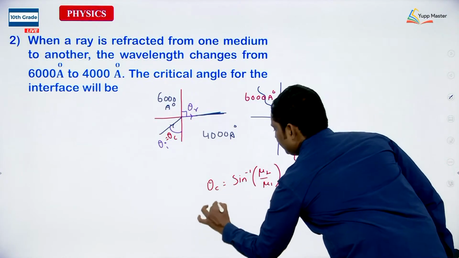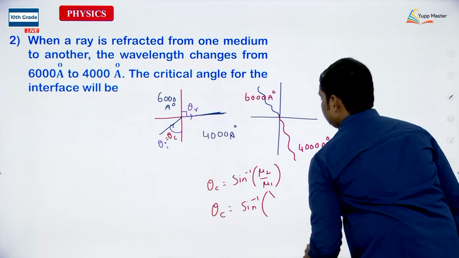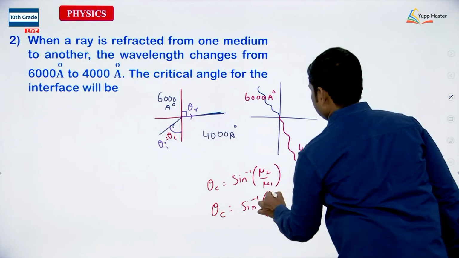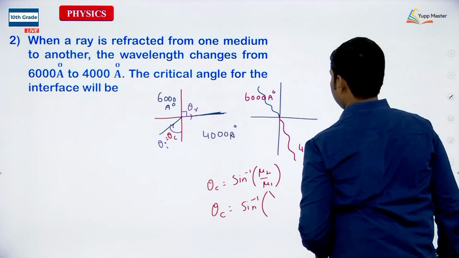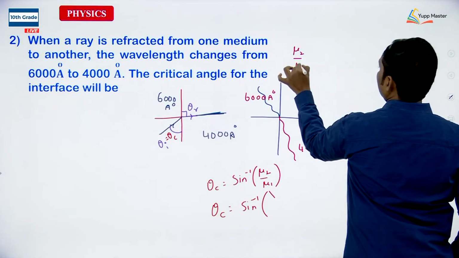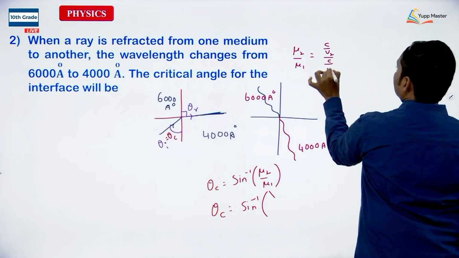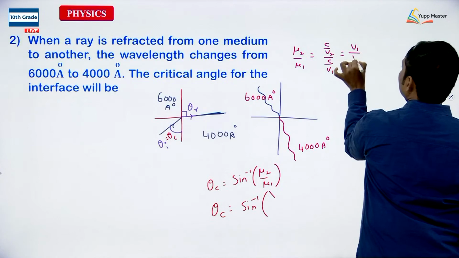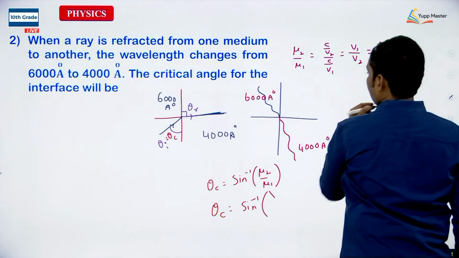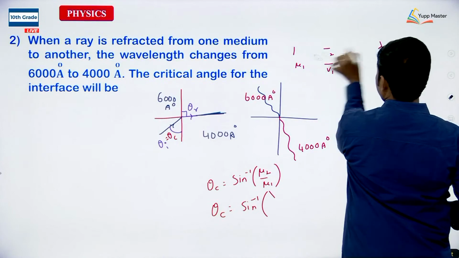Now you can identify that mu 2 by mu 1 is equal to c by v 2 over c by v 1, that is v 1 by v 2, which is equal to lambda 1 by lambda 2. By knowing this relation, we can solve the problem.